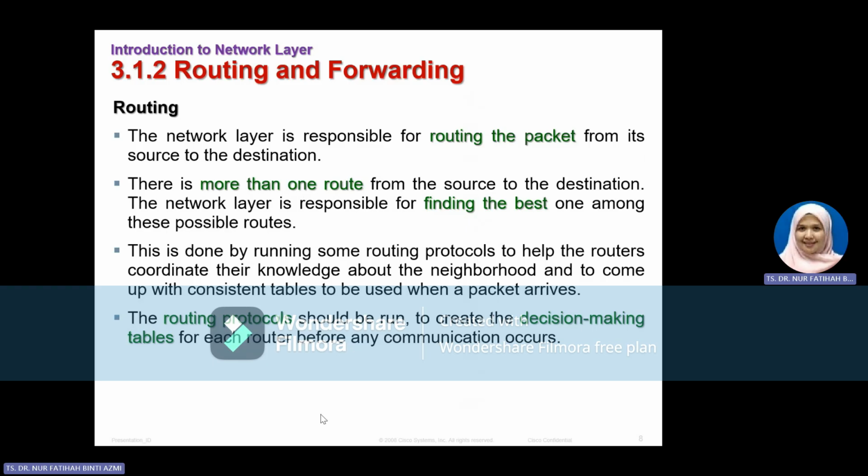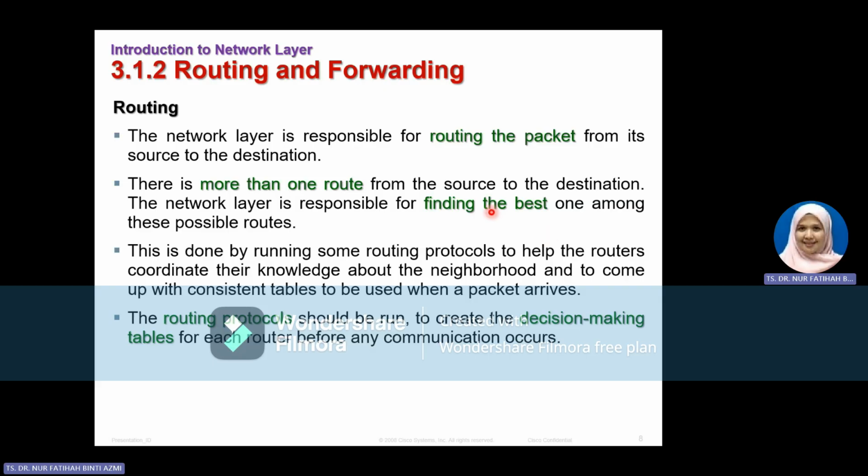In the network layer, it also handles routing, where routing is about finding the best path for data to travel. There can be many routers, and the router must decide which one is optimal using the routing protocol.